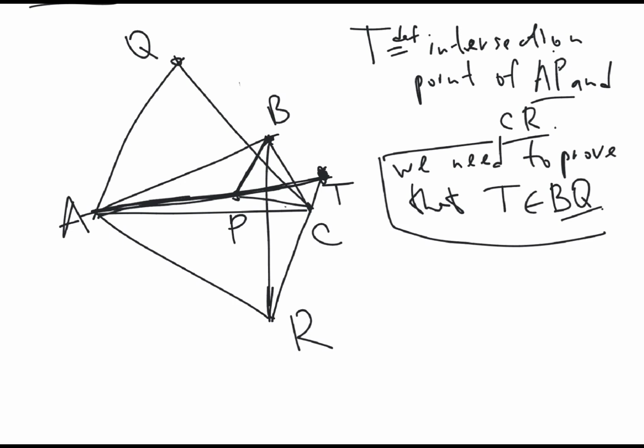So we recall that these are three equilateral triangles, right? So in particular, all the angles of these triangles are equal to 60 degrees. So this angle is 60 degrees, and all the sides are equal. Now consider the rotation.